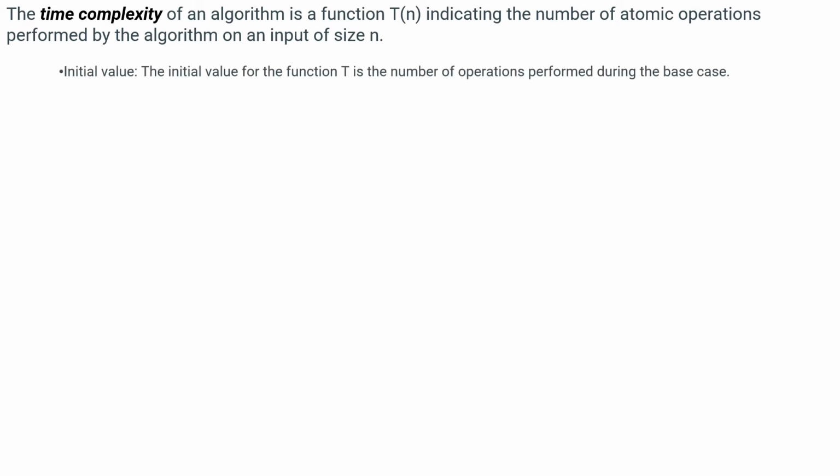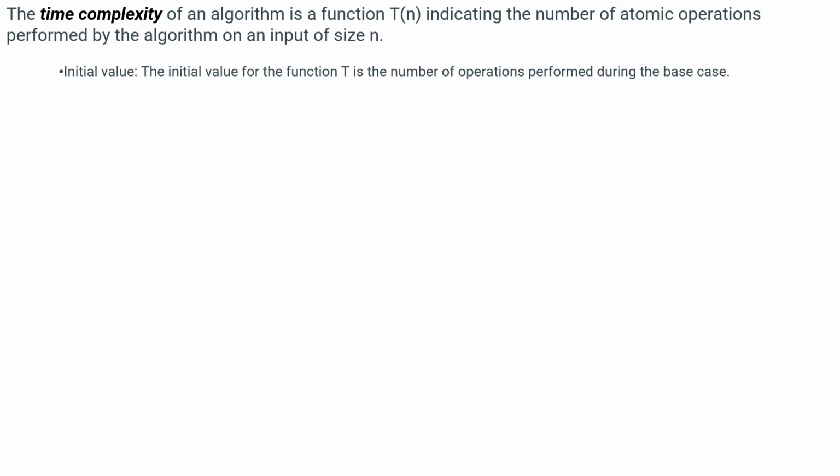Now, here's how we do it. Remember, we're doing it now for recursive algorithms. Within a recursive algorithm, we have the base case, which is what we have to get to. We get all the way down to some base case, and then we can start returning things. So whatever that base case is, we need to find the number of operations performed during that base case.